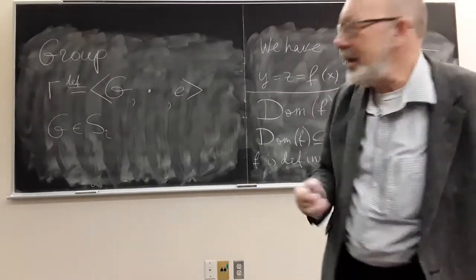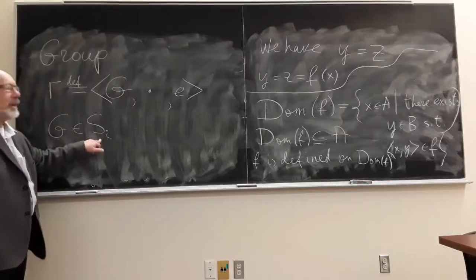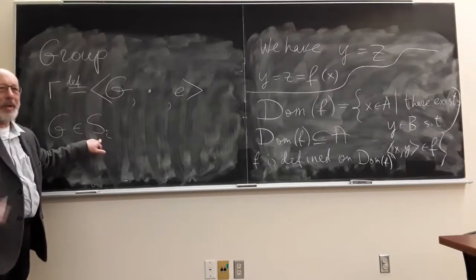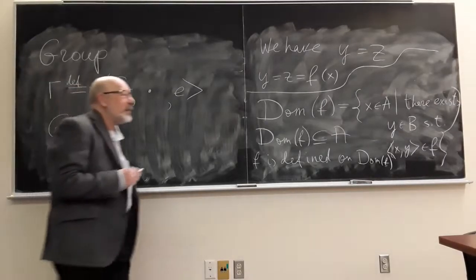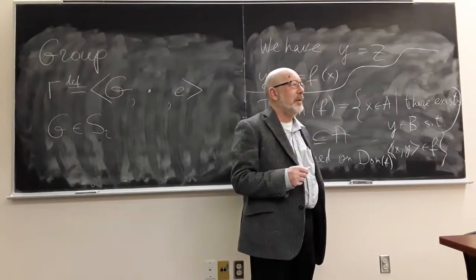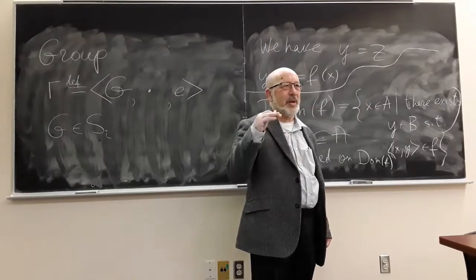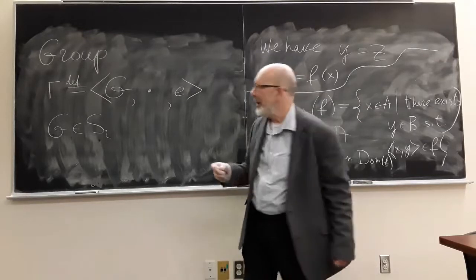So the set G is at level I. Again, it does not say that I is very big, it means that it has some structure.